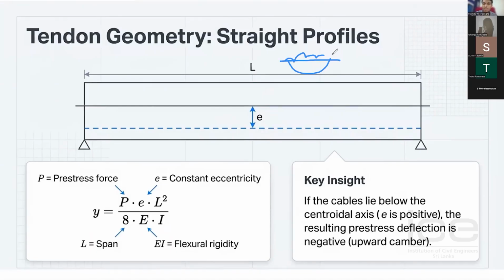And if it is a uniformly distributed load like this, you know the deflection at the midspan is 5 over 384 times WL to the power 4 over EI. Sorry, my writing is not that good.